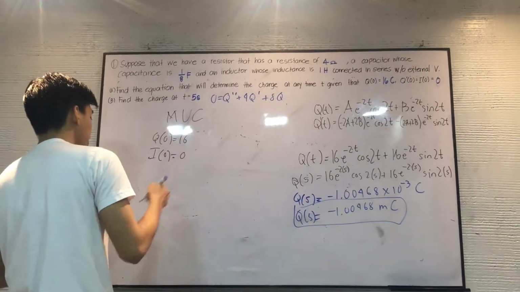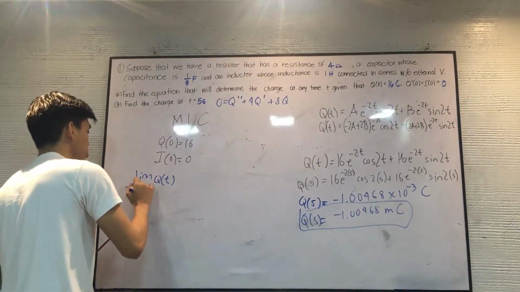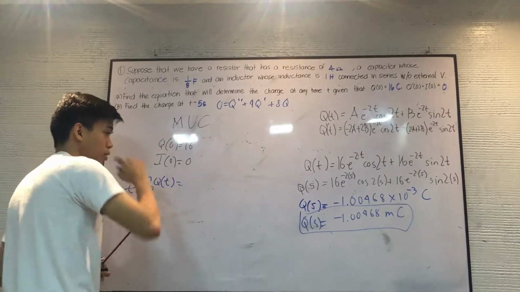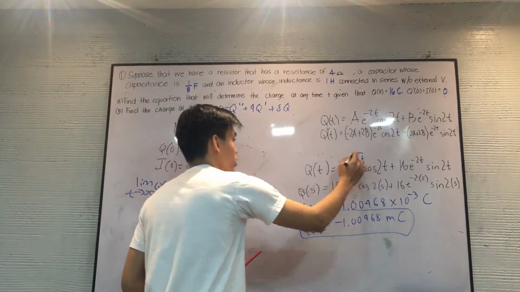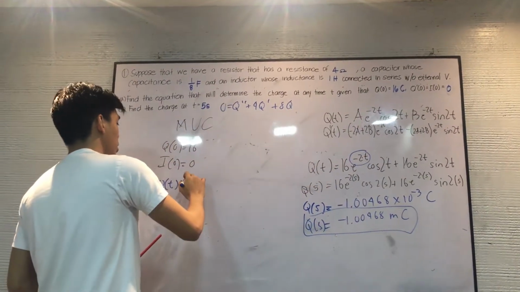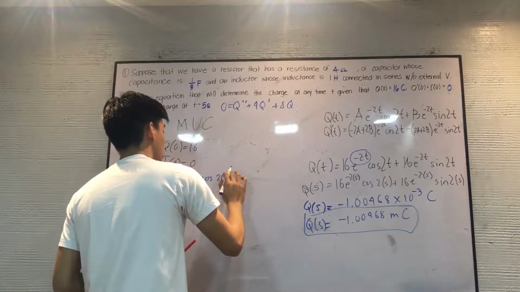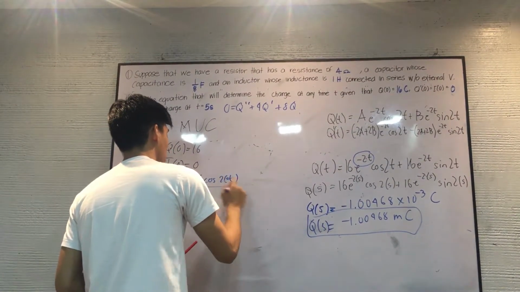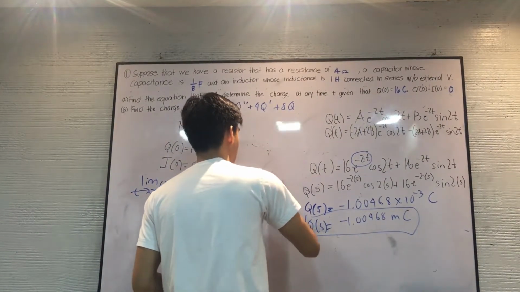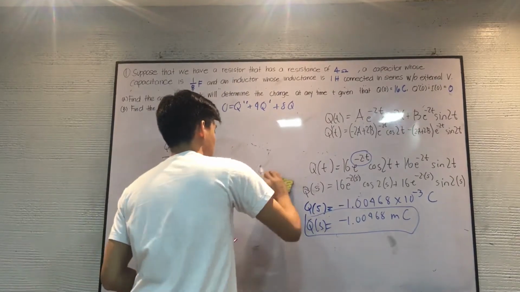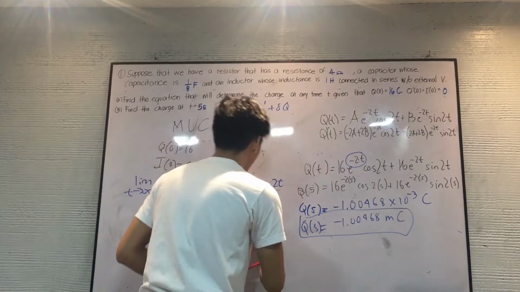By getting the limit of the equation as t approaches infinity, substituting all the t's with infinity, since we have a negative 2t here, it becomes 16 cosine 2t for infinity plus 16 sine 2t for infinity.